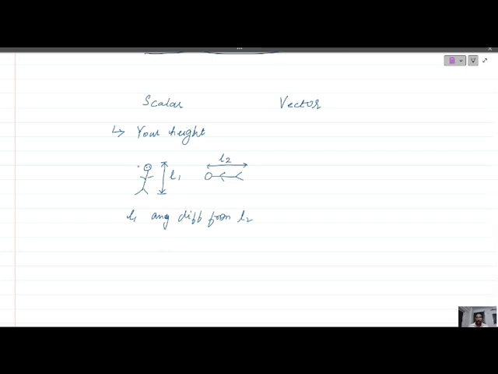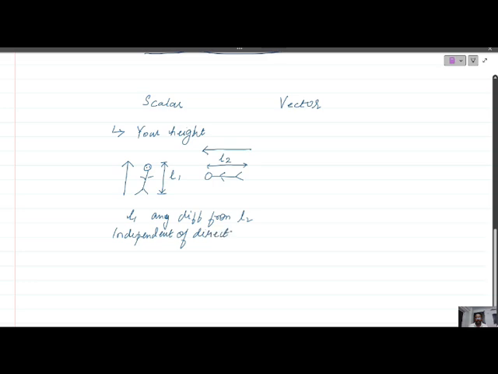When you're measuring L1, you are pointed, let us say, in the upward direction. When you're measuring your length again, but in the L2 position, you are, let us say, towards the left hand side direction. But this directionality is not going to affect your height or the length of your height. That means your height is independent of direction.